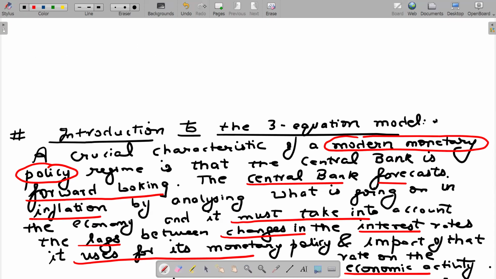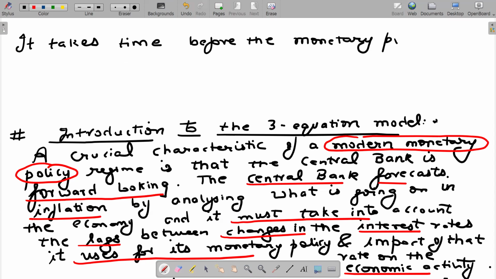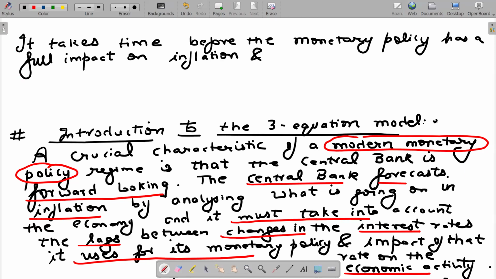I can write that it takes time before the monetary policy has a full impact on inflation and the real economy.